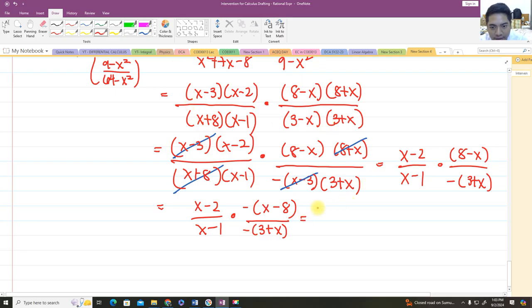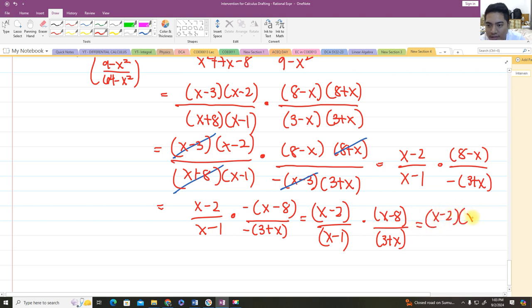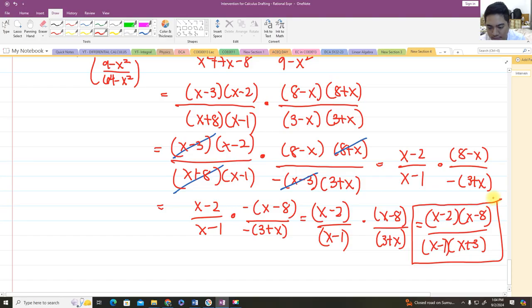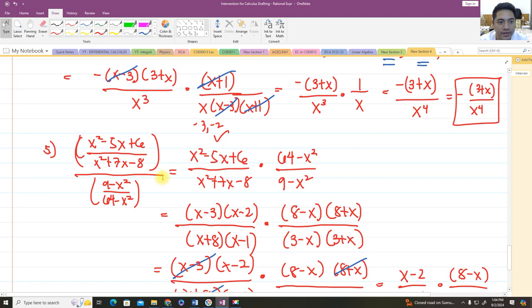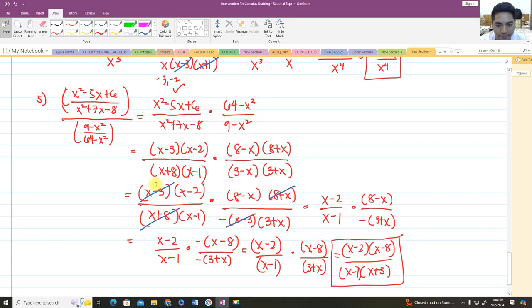So you have x minus 2 all over x minus 1, then you have x minus 8 all over 3 plus x, or x plus 3. So the answer would be x minus 2 times x minus 8 all over x minus 1 and x plus 3. So that's the answer for this problem number 5.